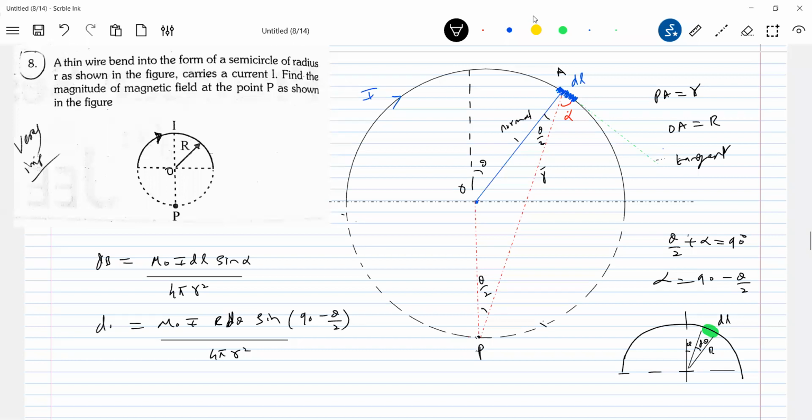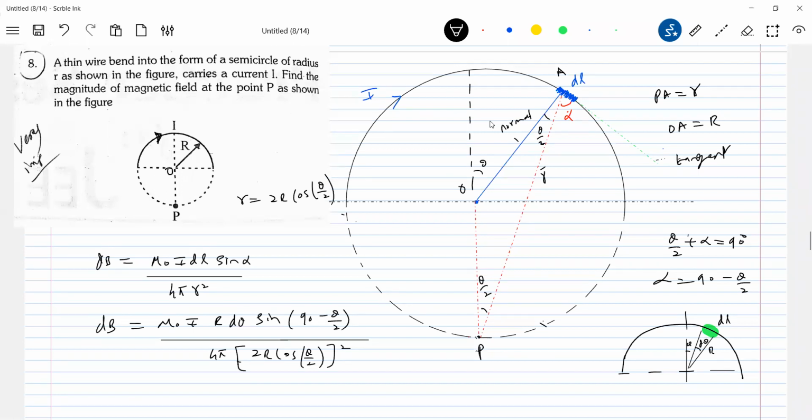What to replace with r? Smaller r is 2R cos theta by 2, whole square. Anything you can apply. So here I'll write it 2R cos theta by 2. Substitute this. Now solve this.